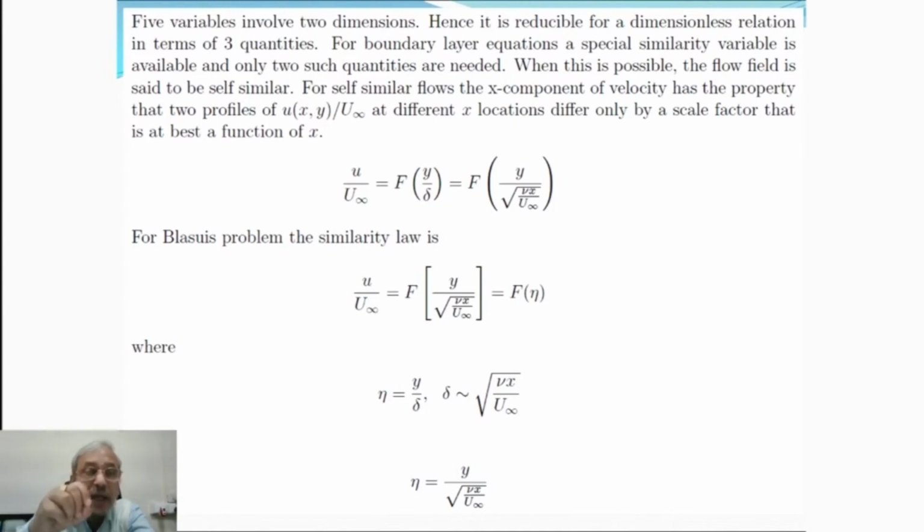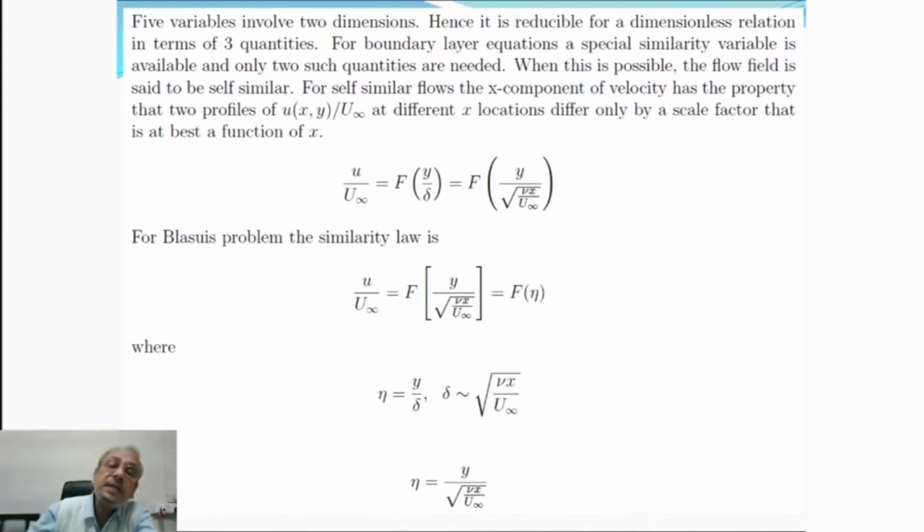This is a similarity parameter equal to a function of, say, eta. And this eta is another similarity parameter, where eta is expressed as y by delta.